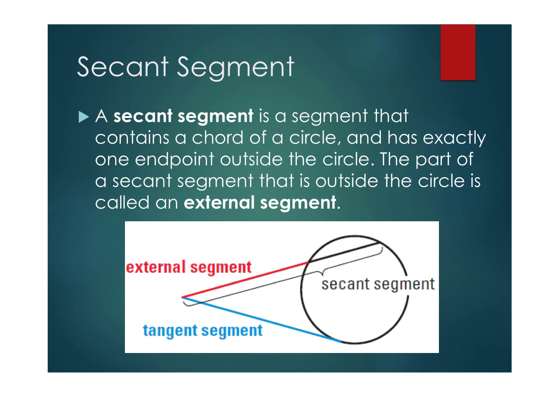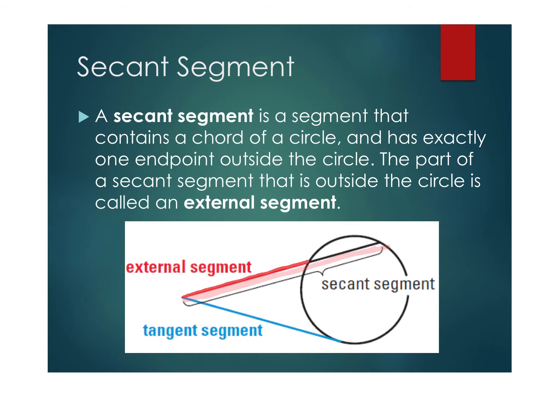The part of a secant segment that is outside the circle is called the external segment. So in this picture here, this whole piece is the secant segment. But the darker red here, this is the part that's outside of the circle. So this is called an external segment.